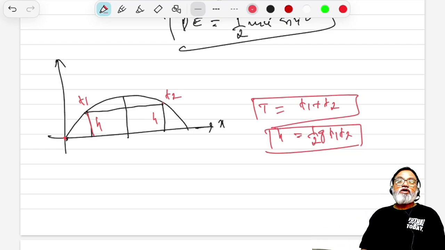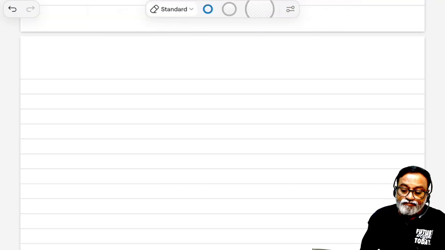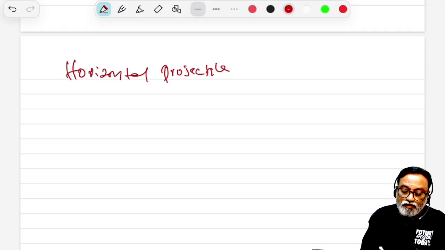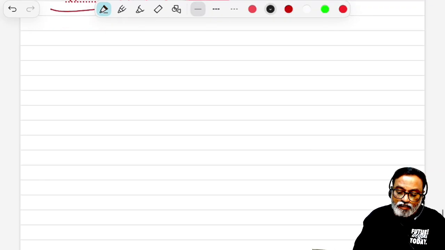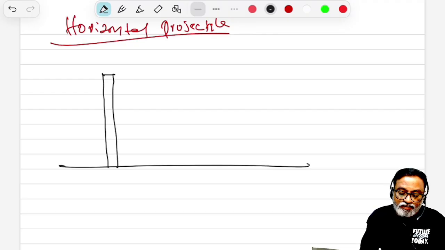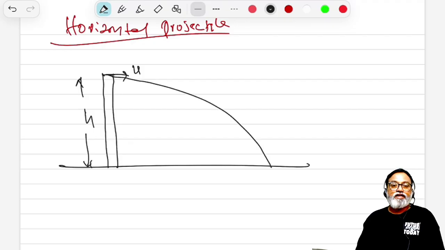Next one. This is about oblique projectile, meaning the body projected from the ground. Another one, horizontal projectile. Here also, if a body is projected from a certain height, this is the height h, we are projecting with velocity u, and this one also reaches the ground in a parabolic path.